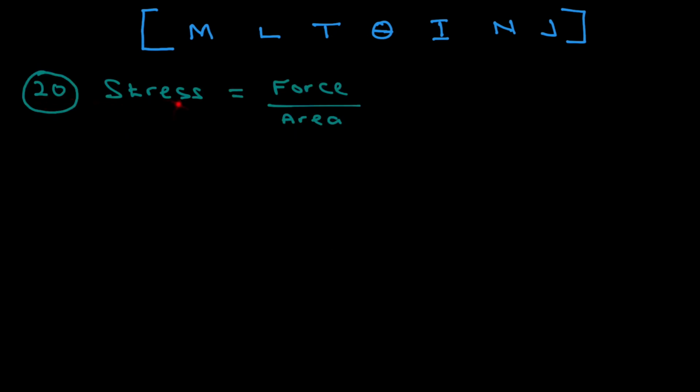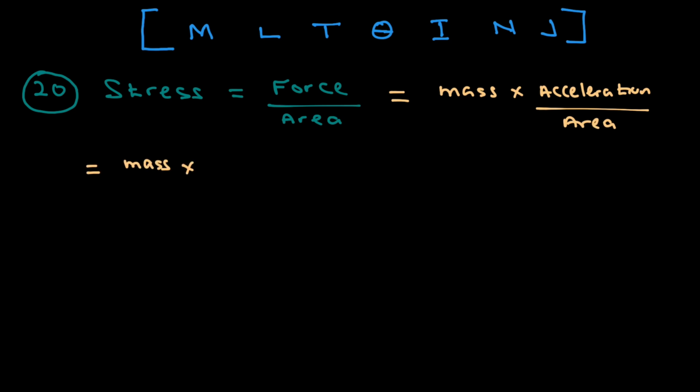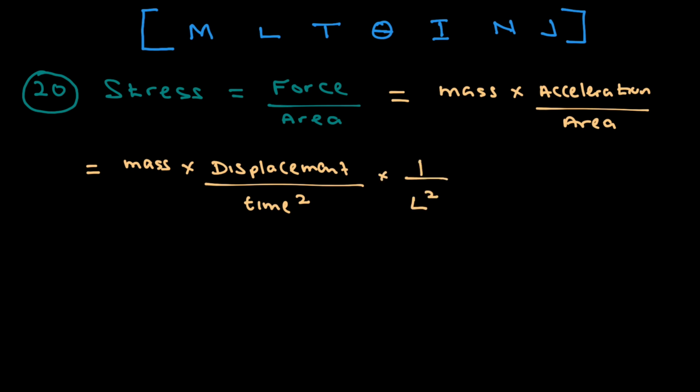20. Stress is force over area, and that equals mass times acceleration over area. So we can say mass times displacement over time squared, because that's what acceleration is, times 1 over length squared. That's area. Area is length squared. But displacement is length.